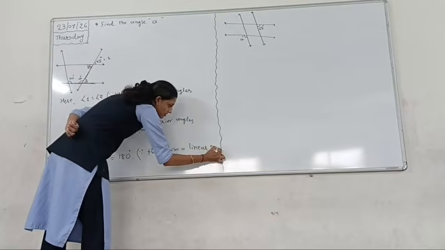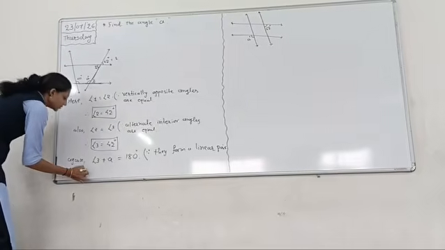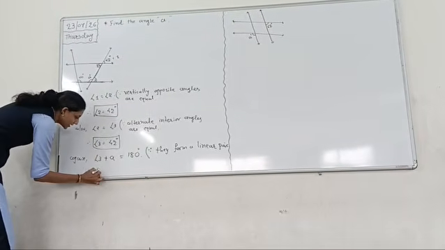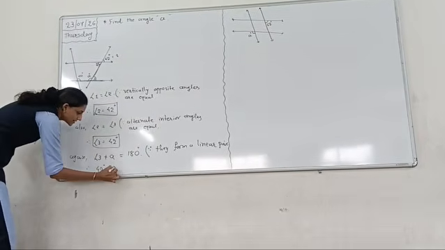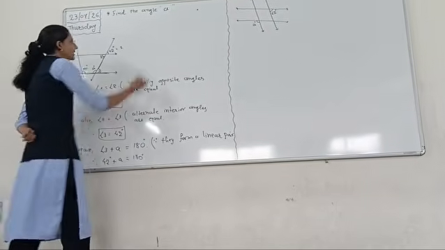Linear pair means they add up to 180. So we have angle 3, that is 42 degrees, plus A equal to 180 degrees. So what will A be?